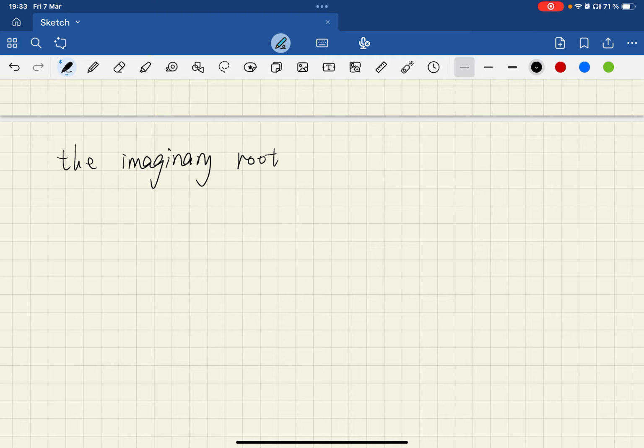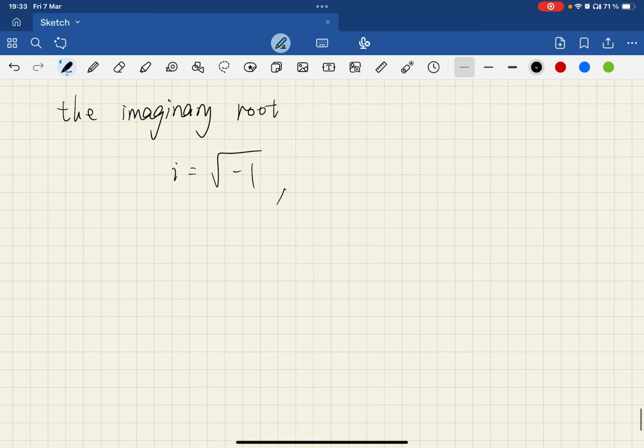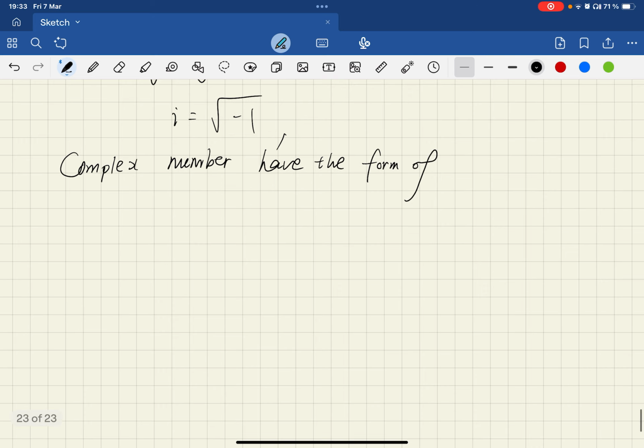As we defined, the imaginary root is the square root of -1, which means all complex numbers have the form a plus bi, where a, b are all real numbers.